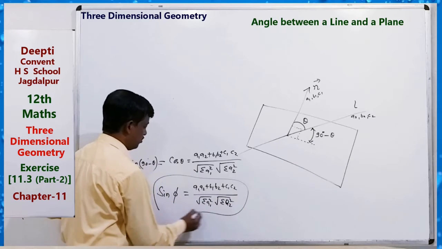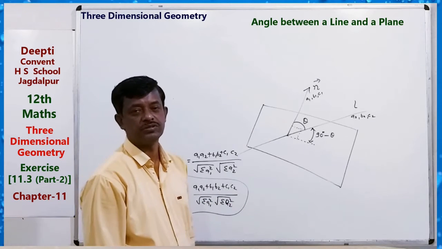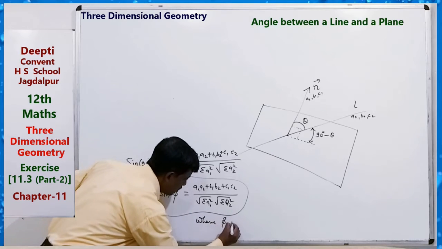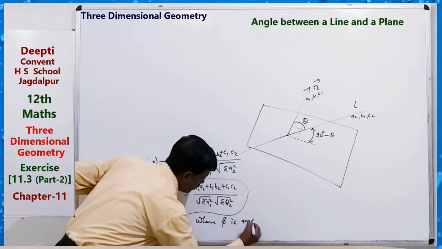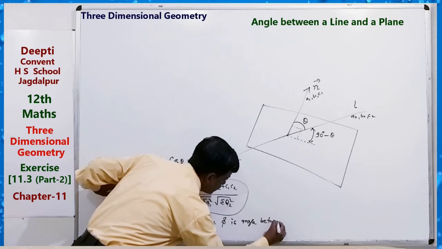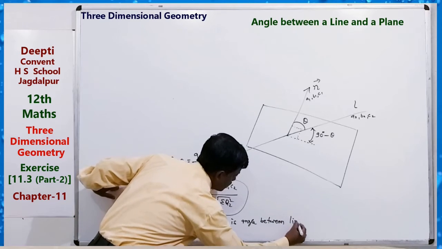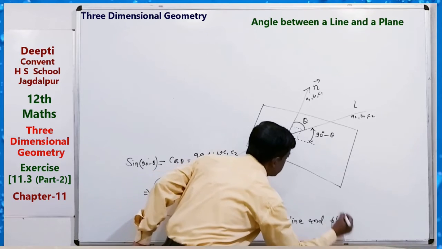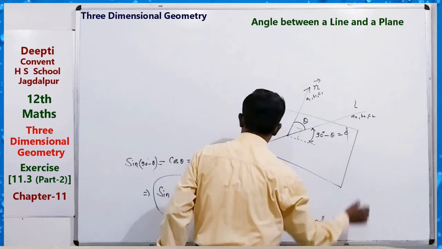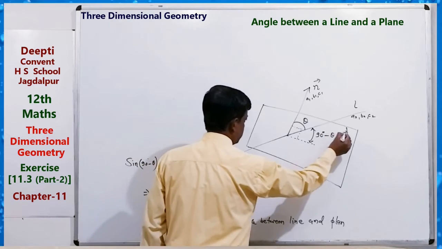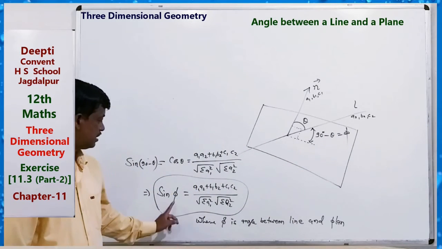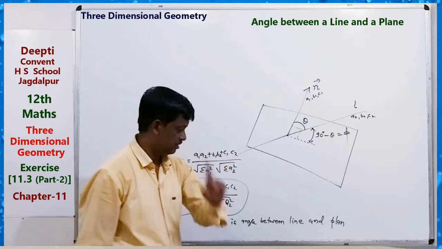So this is the formula: sin phi equals this, where phi is the angle between line and plane.